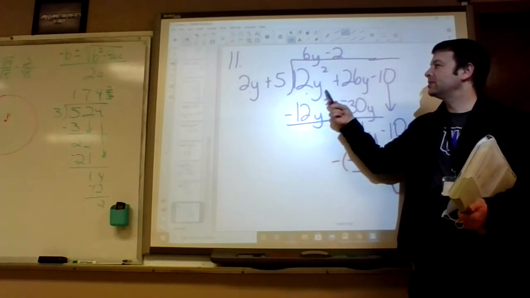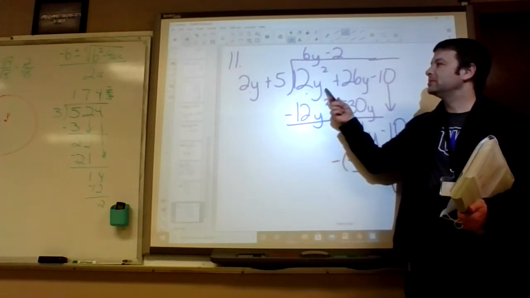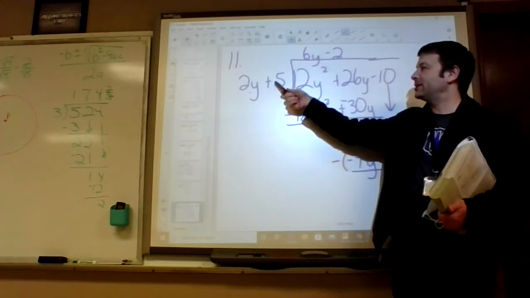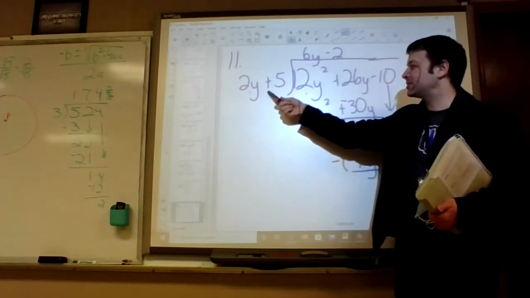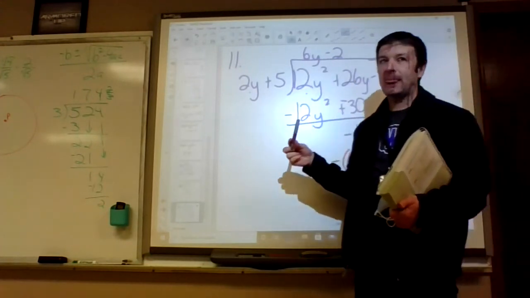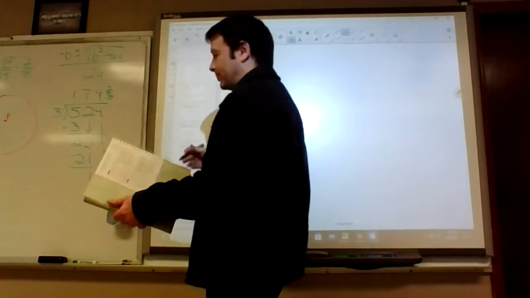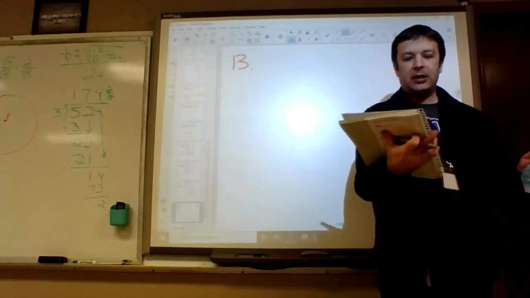Okay, that's supposed to be a 12 right there, by the way. So 2y times what equals 12y squared? 6y. 6y times 2y is 12y squared. 6y times 5 is 30y. Subtract the lines, those go away every time.